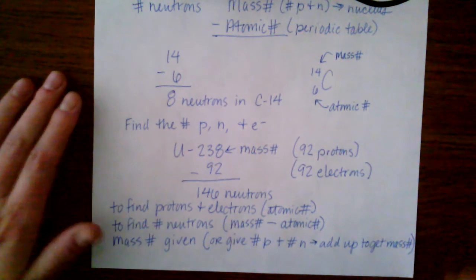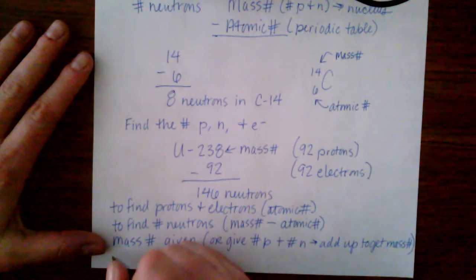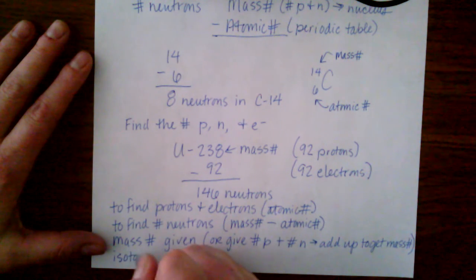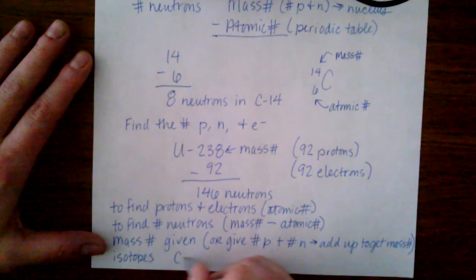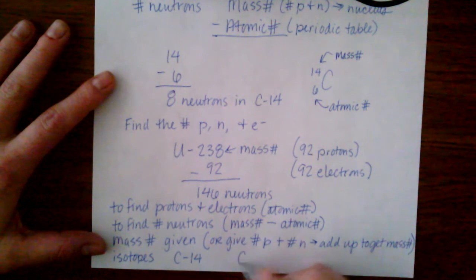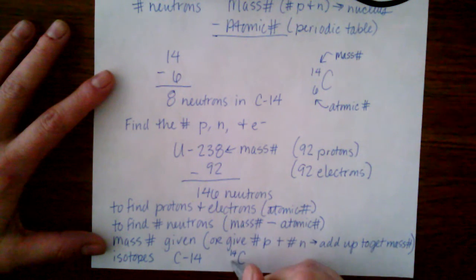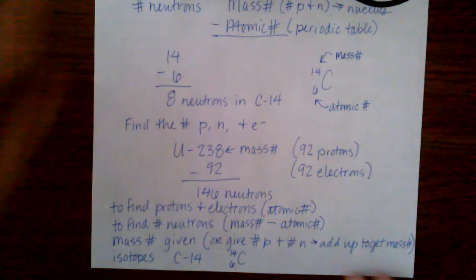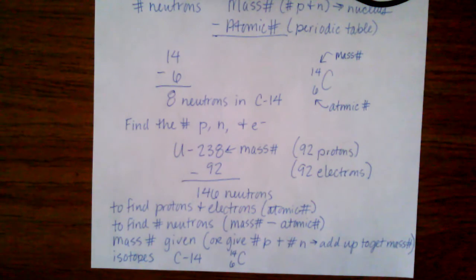Alright, and then isotopes can be written two ways. They can be written with the mass number out to the side, or they can be written with the mass number and the atomic number. So that's how you find the number of protons, neutrons, and electrons.